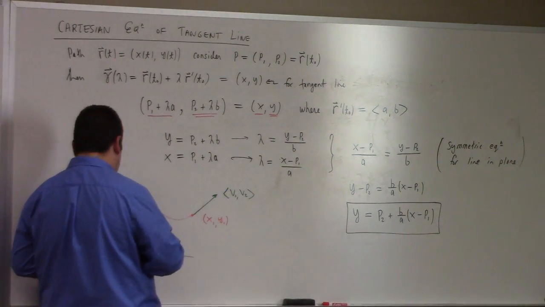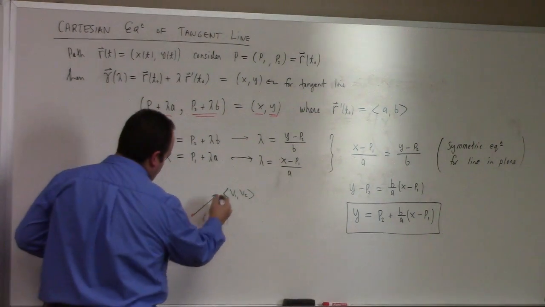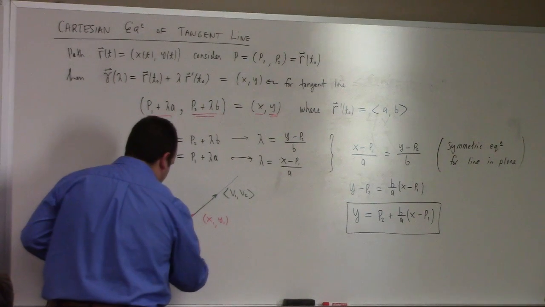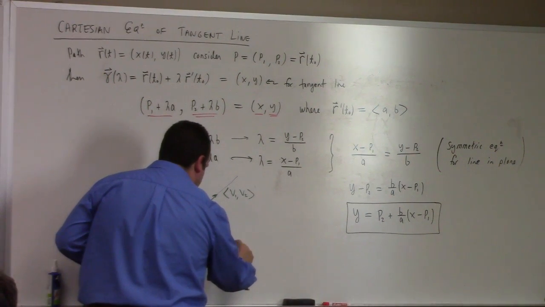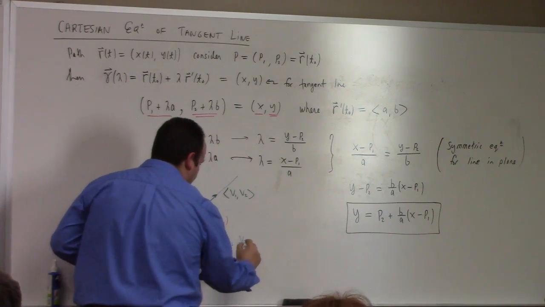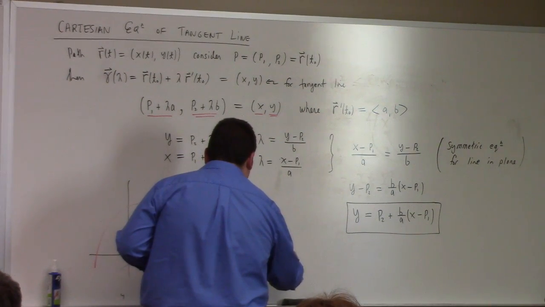Okay? All I'm saying, then, with this bit of algebra we've just derived, is that the Cartesian equation of this blue line is y is equal to y1 plus v2 over v1 times x minus x1.